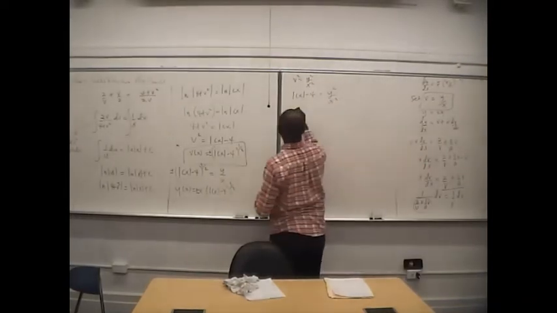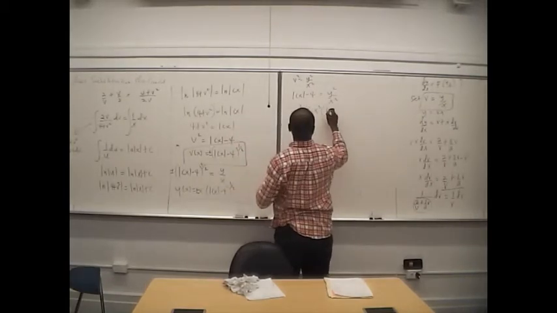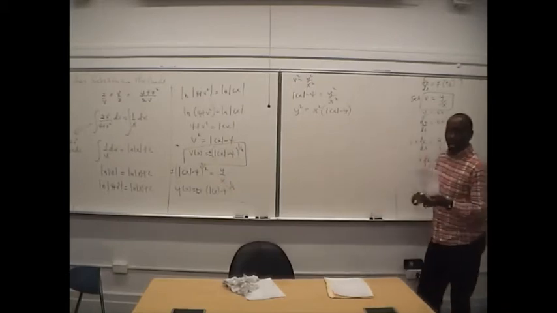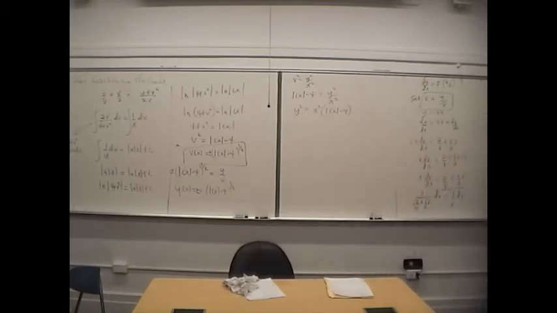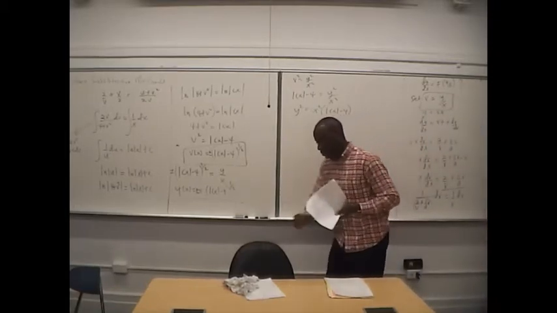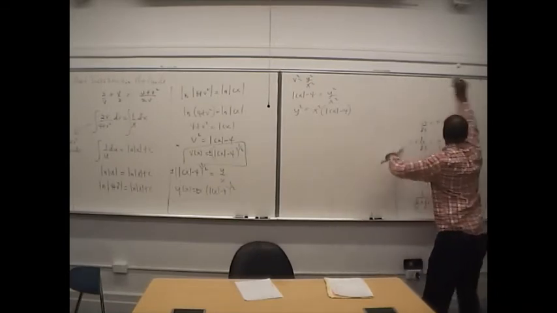And then I have y squared being equal to x squared times the absolute value of cx minus 4, so that I don't assume that the function is either positive or negative. You know that's fine. Any questions?